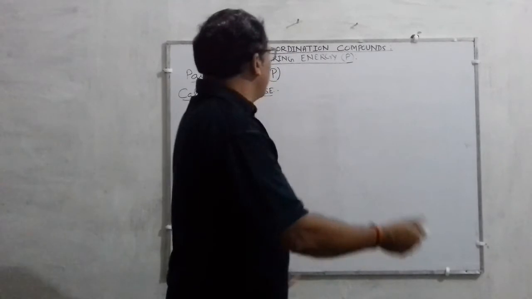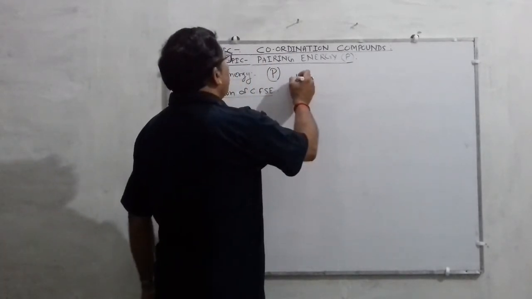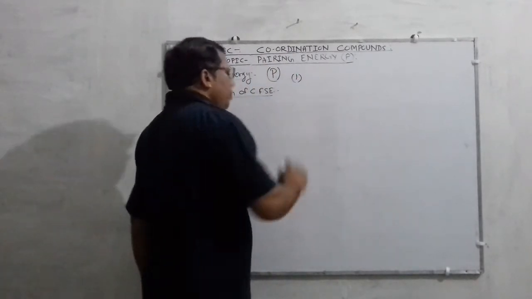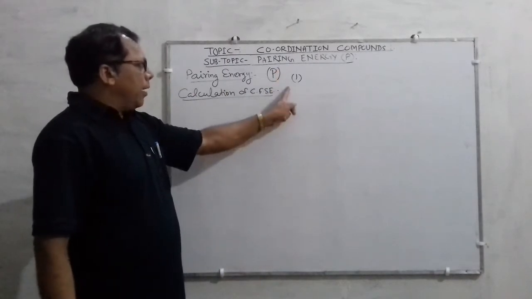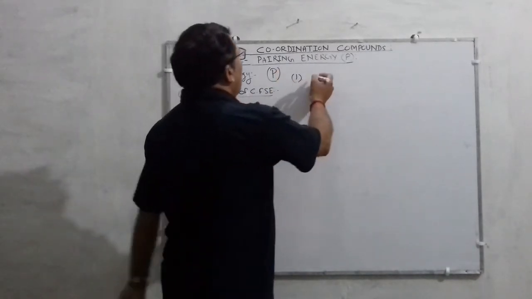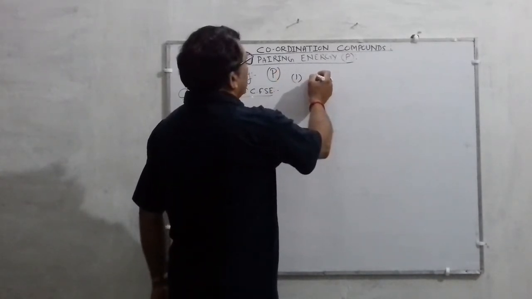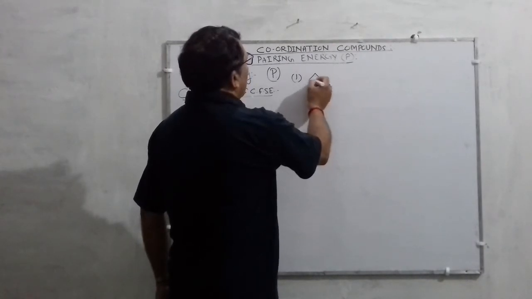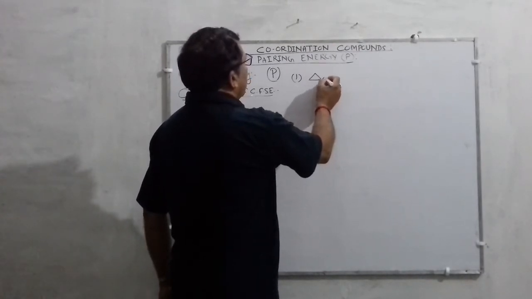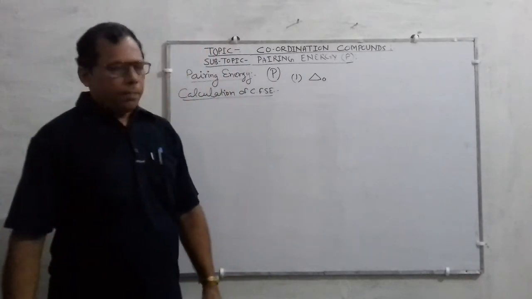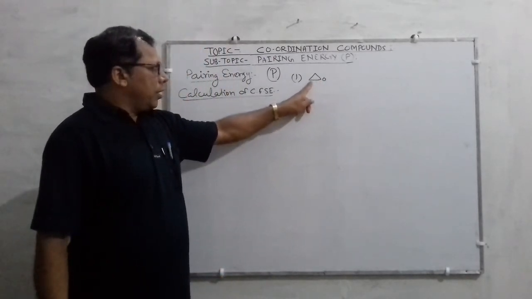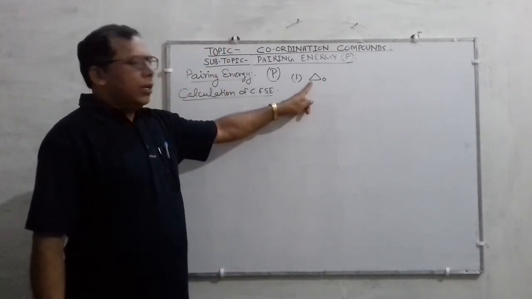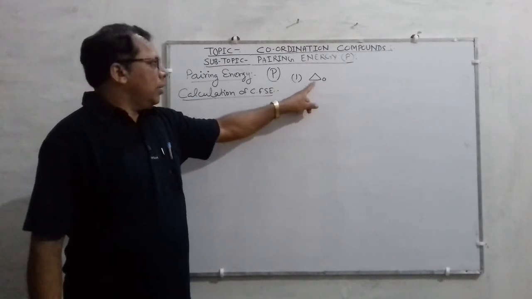How does it depend? First condition you should note down: the value of the octahedral crystal field splitting energy, children, this del represents what? Crystal field splitting energy.